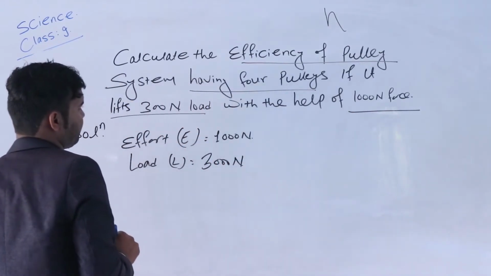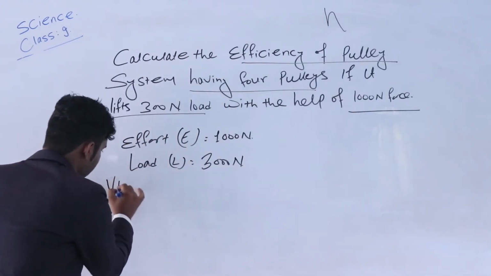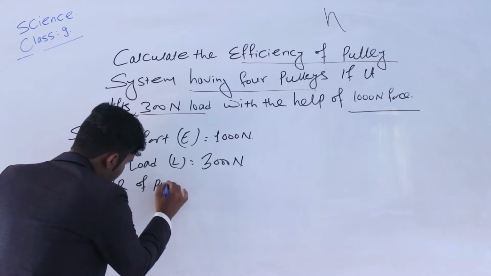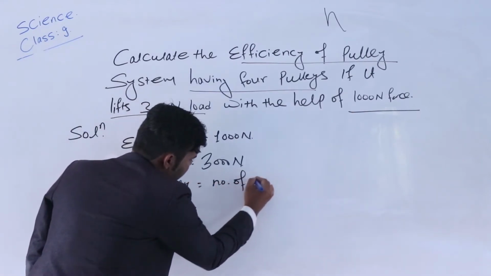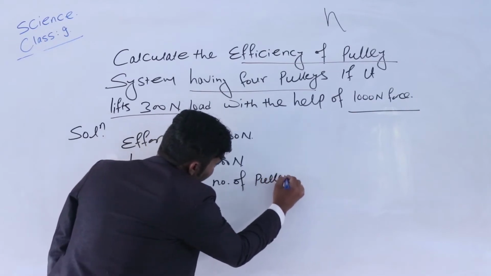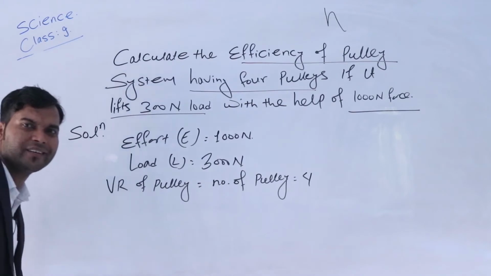VR of pulley is equal to the number of pulleys, which is equal to 4, in a 4 pulley system.